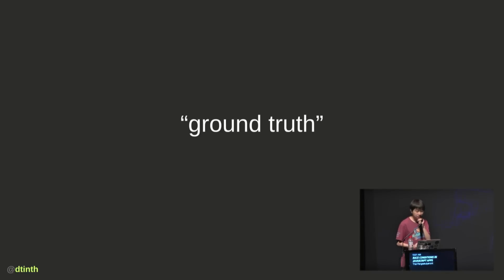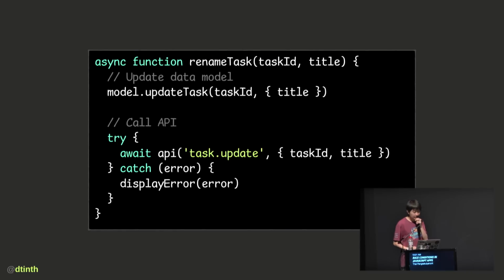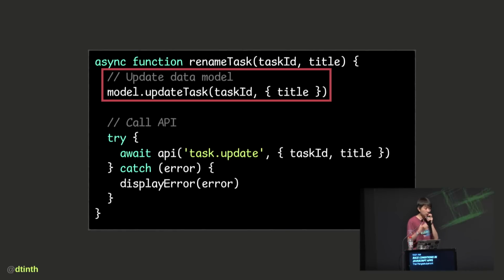And then I realized that if we want to have eventual consistency, we must try to stick with the ground truth. I define it as the latest state that we receive from, or the thing that was acknowledged by, the backend can be considered the ground truth. And each time we update the model optimistically here, we are moving away from that ground truth.